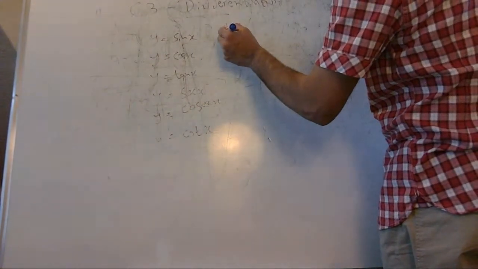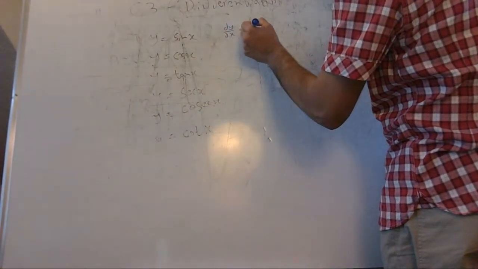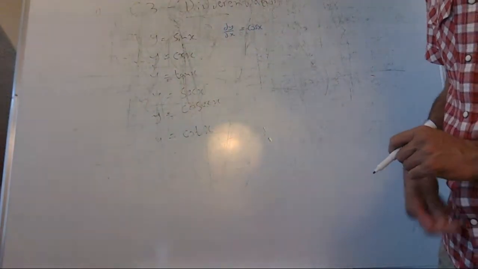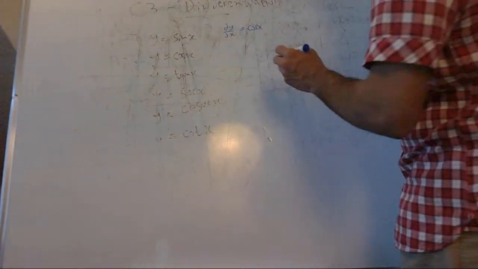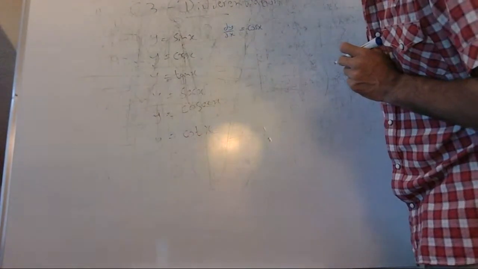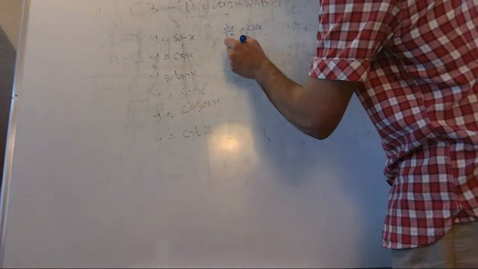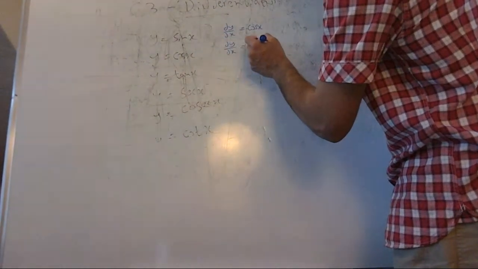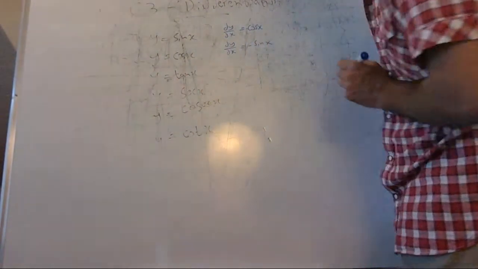Okay, so if you differentiate sine x, dy dx equals cos x, and you can actually prove this result quite easily using the first principles of differentiation which you learned in C1, but I don't think you're required to prove this. Okay, the derivative of cos x is minus sine x.